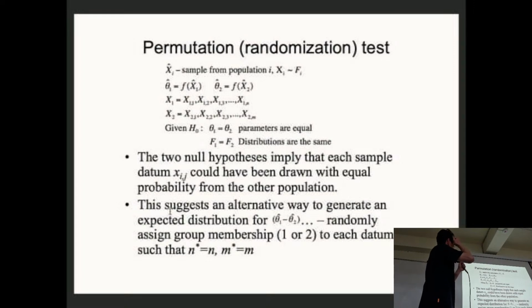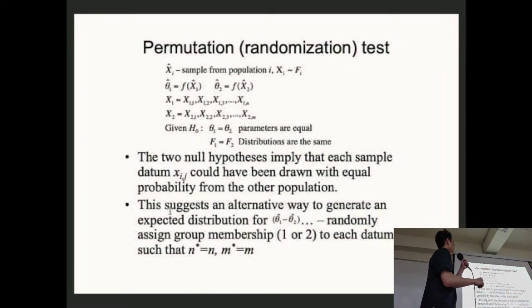Suppose we draw a sample from a population, and then we have two populations, x1 and x2, and you do random sampling. You get the data S11, S12, S13 up to S1n, and then you get the second set of data from another population, S21 up to S2m.